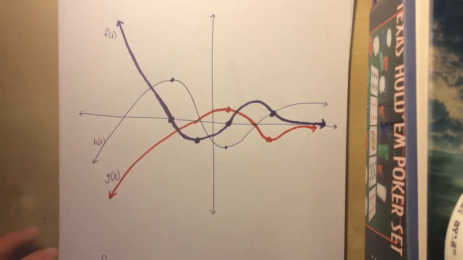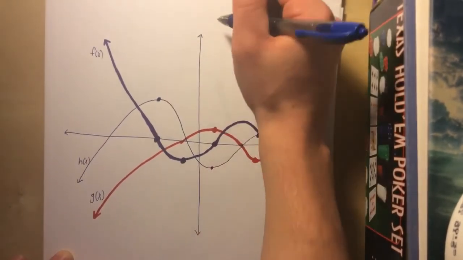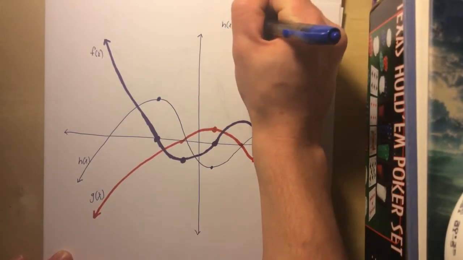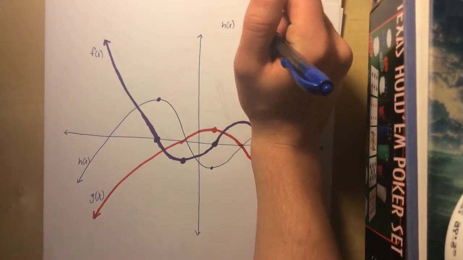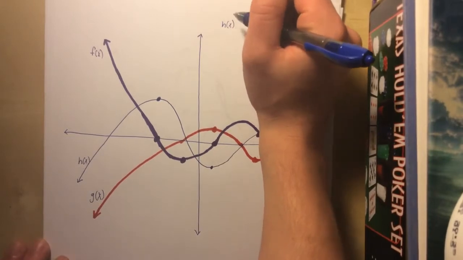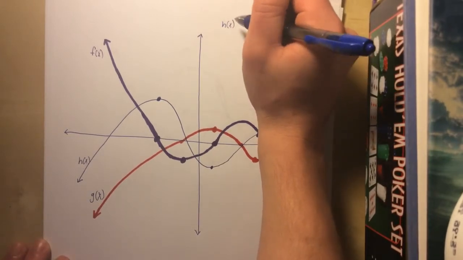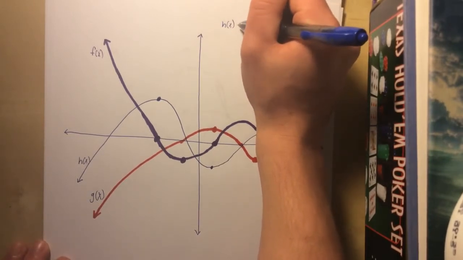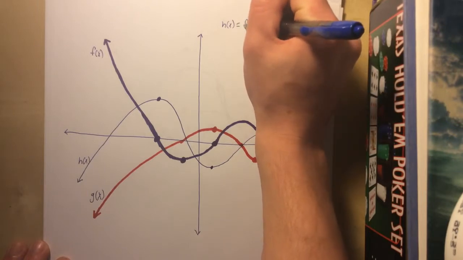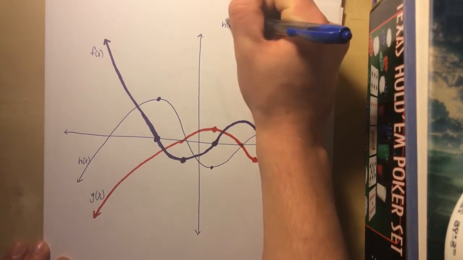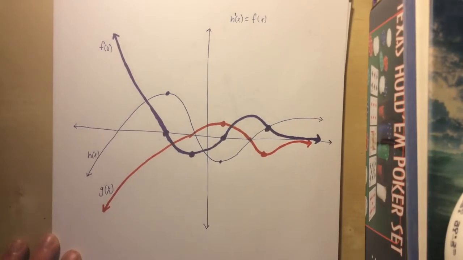So from that we can tell that f of x is the derivative of h of x. So the derivative of h of x is f of x.